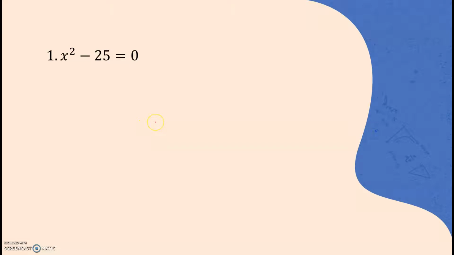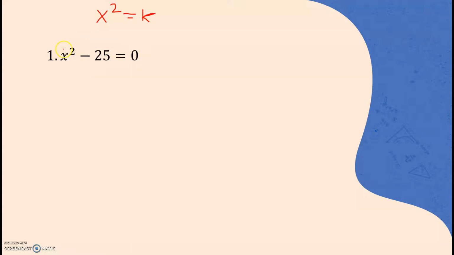First example is x squared minus 25 equal to 0. First things first, you have to consider that it's not yet in the form x squared equal to k, so you still have to put it like that. Basically, you have to add something so that the quadratic term is isolated.